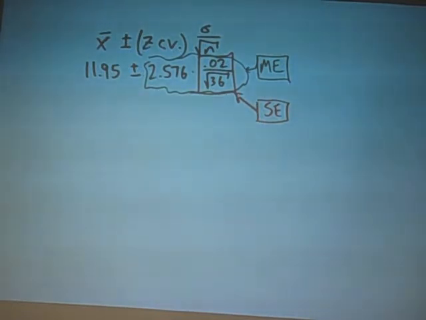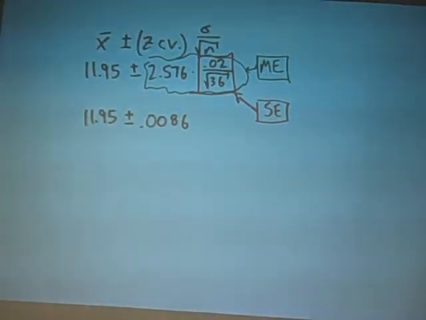I got a syntax error. You have to divide by the square root of 36, so just divide by 6.